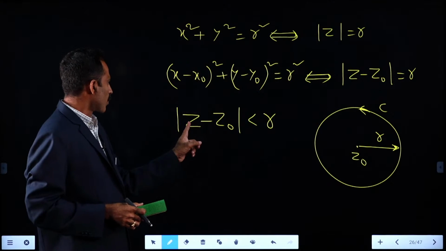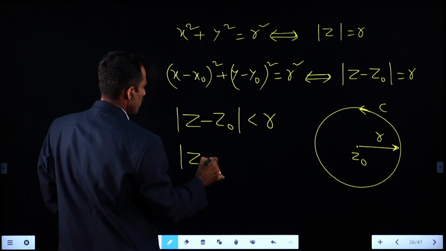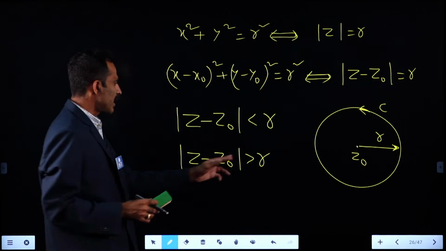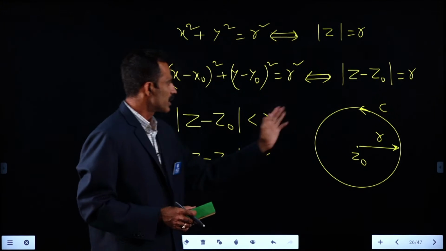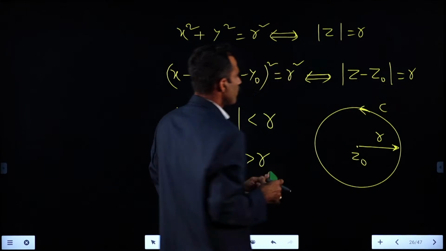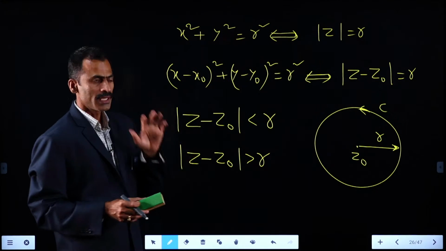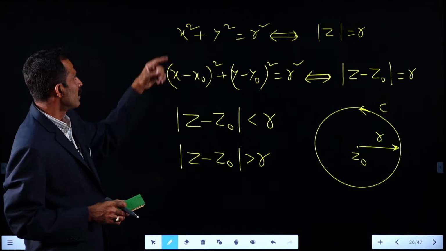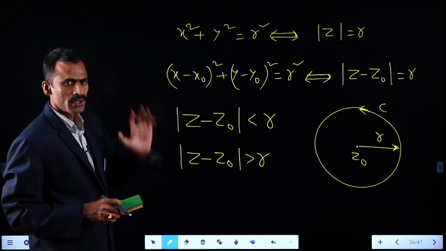If we write the inequality mod z minus z naught greater than r, this says that the point z lies outside the circle only. And equality says that the point lies on the circle only. It is on the circle, interior to the circle, or exterior to the circle. We just require this equation of a circle with a particular center at origin, or at any center x naught, y naught.